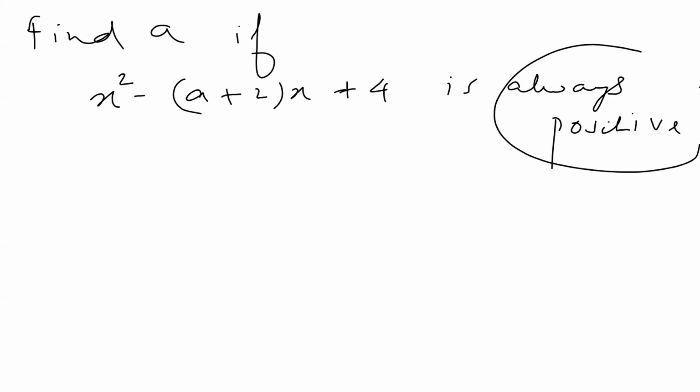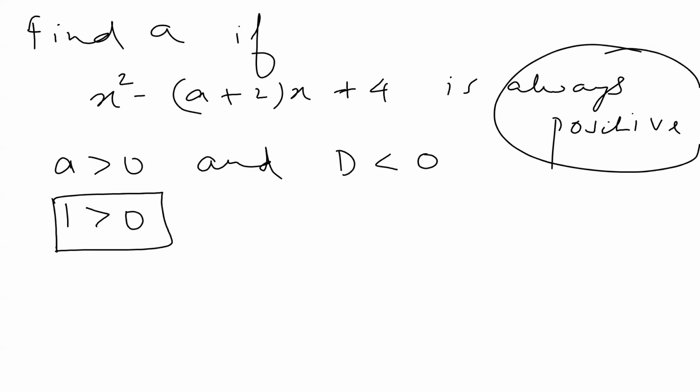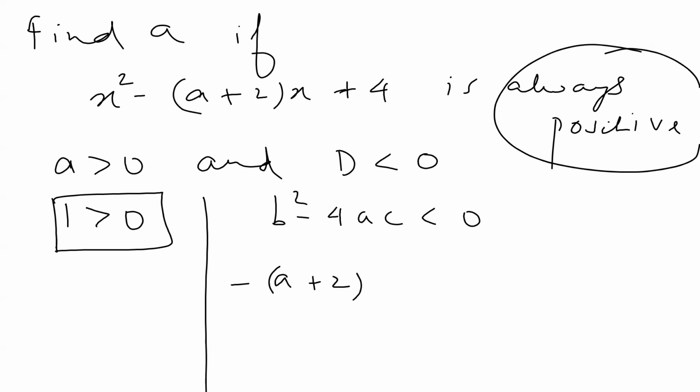Since it is always positive, this is an expression, this is not an equation. A is greater than 0 and D is less than 0. A is 1 in this case, so 1 is greater than 0, which is true, but we will not get a from that. D is delta, b square minus 4ac less than 0. So b square is minus (a plus 2) the whole square, minus 4ac.